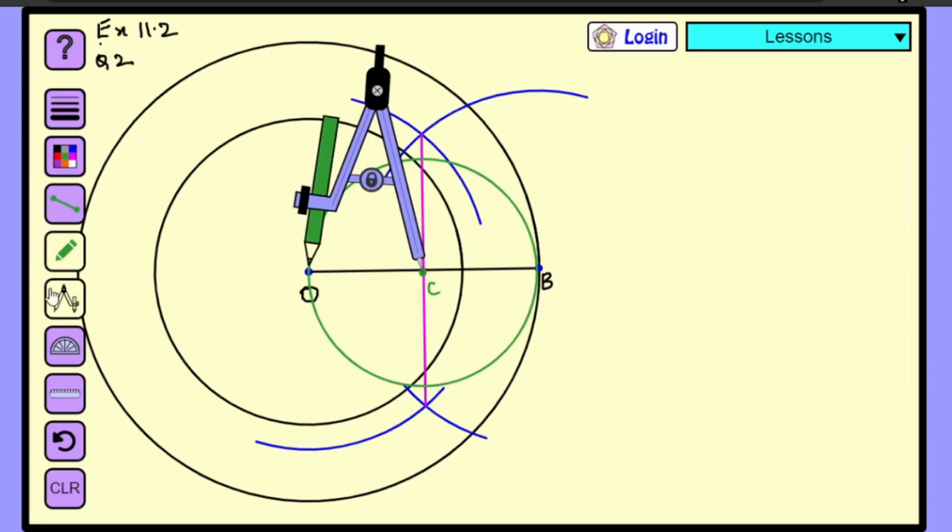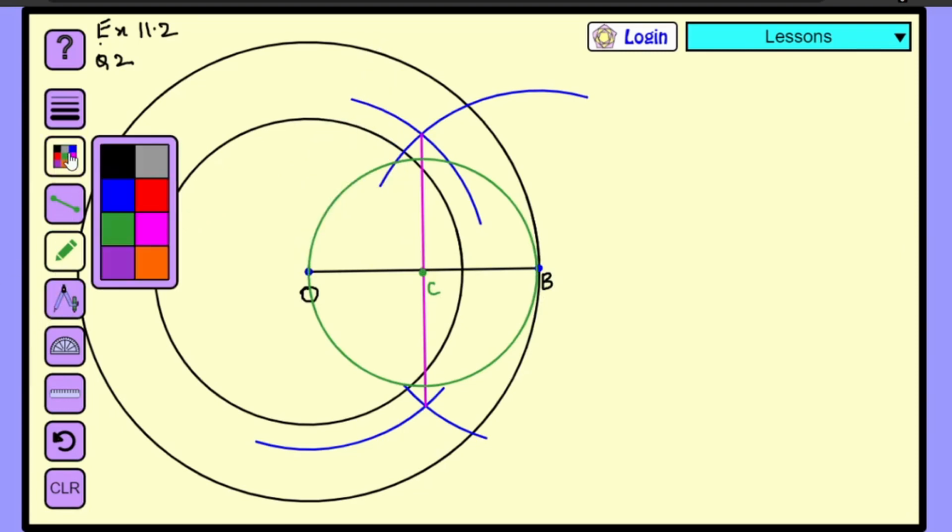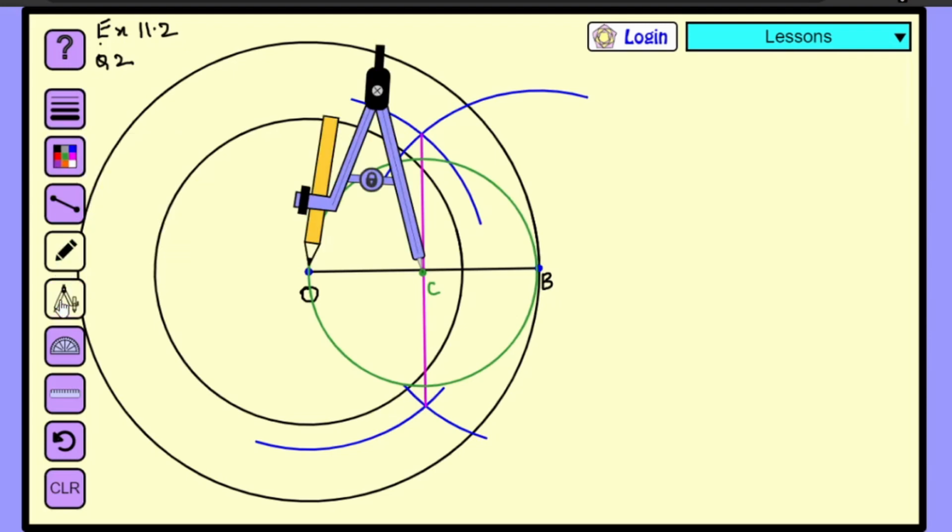Identify the points. This green color circle touches this innermost circle at two different points.